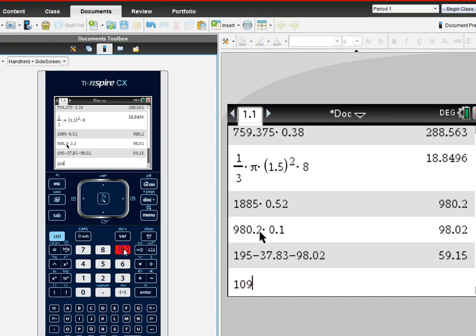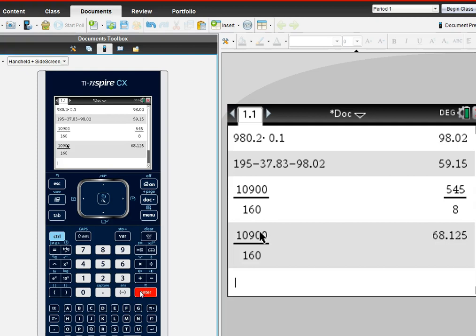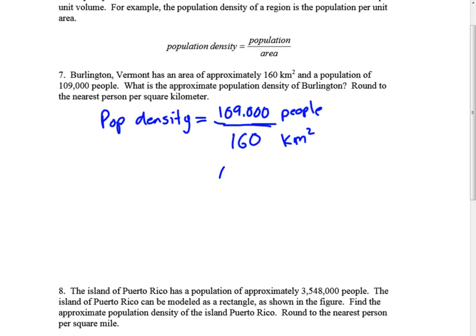So 109,000 divided by 160 is, I'm just going to put that as a decimal, 68.125, so we would say 68 people per kilometer squared.